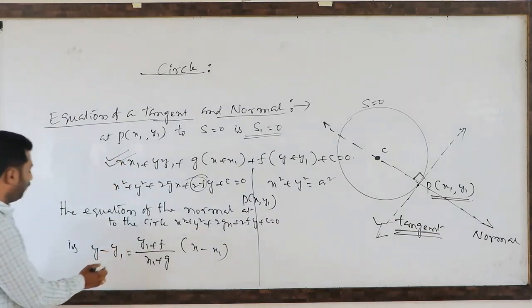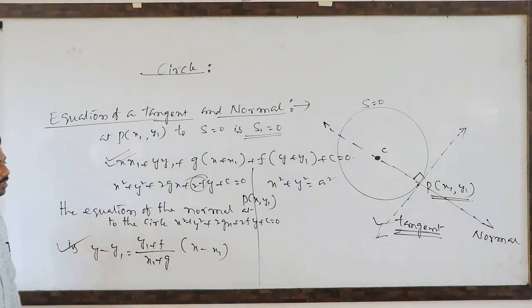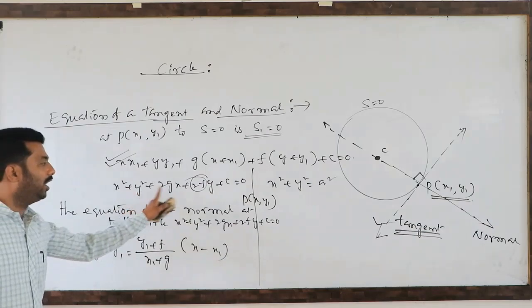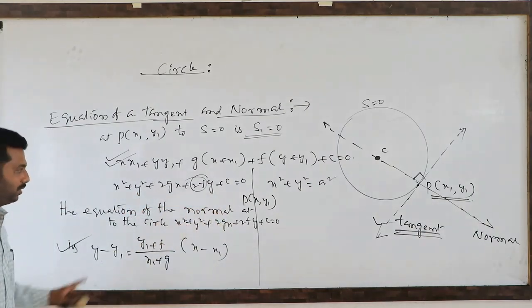So this is the formula to calculate the equation of the normal to the circle at that point x1, y1.